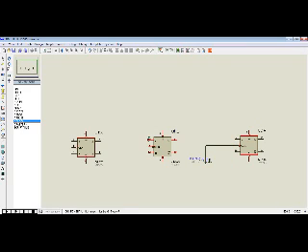The output of the previous becomes the clock input to the next. So in this case, we expect that connection, and then the output of this one becomes the clock signal to our next flip-flop.